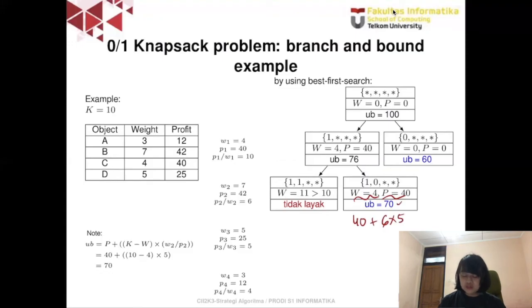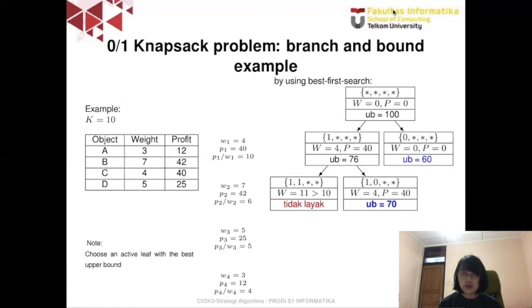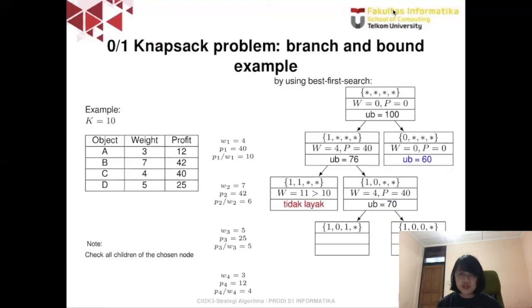So 70 is the upper bound we have here, and for the two active leaves we have 60 and 70. We choose the largest upper bound, which is 70, so we check its children next.